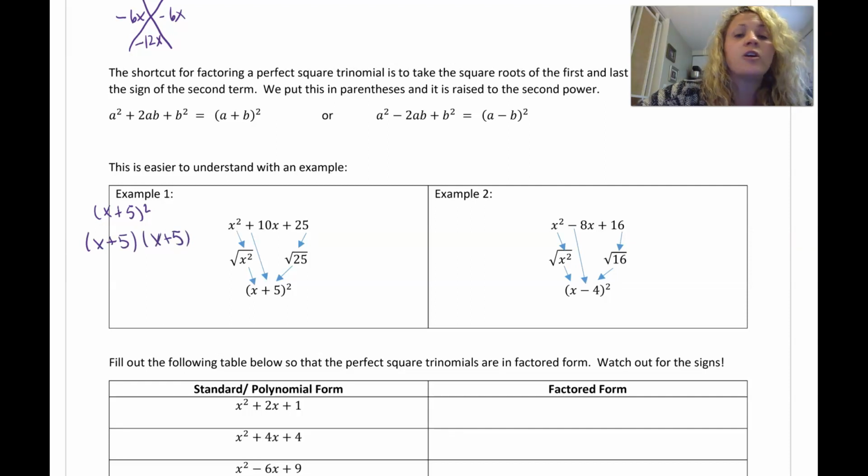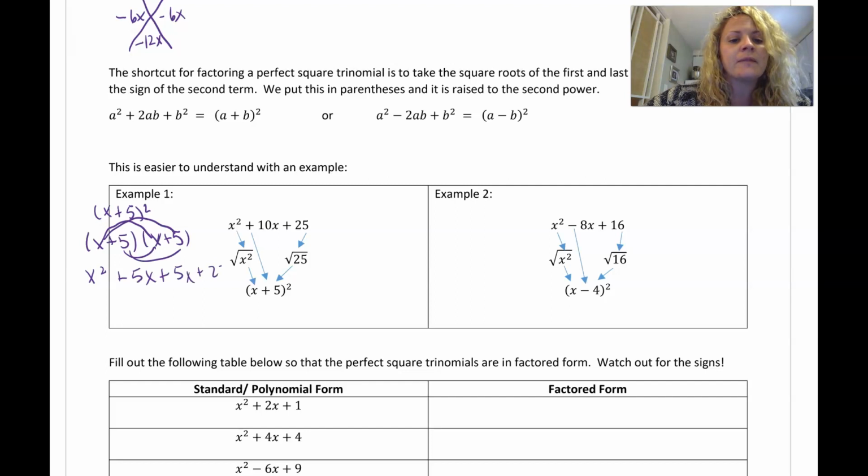So just like we did in our last video, when we distribute the terms from the first binomial to the second, sometimes we'll say FOIL for first, outer, inner, last. The first terms give us x squared, the outer terms plus 5x, the inner terms also plus 5x, and then our last terms give us a plus 25. And then we could write that as x squared plus 10x plus 25.